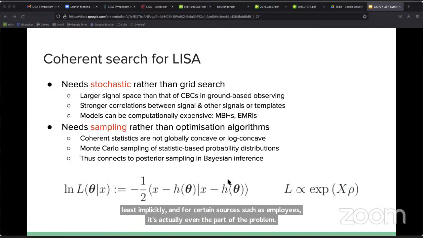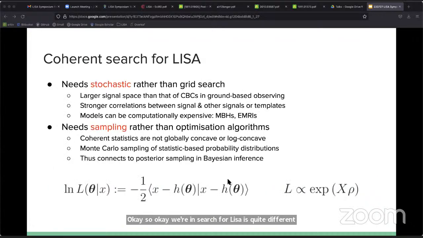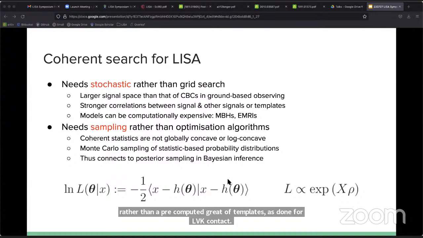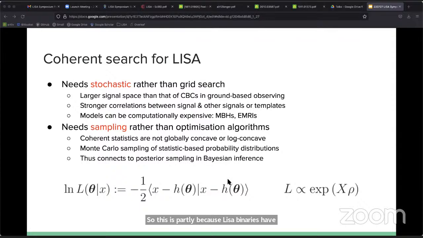Okay, so coherent search for LISA is quite different from that in ground-based observing due to the distinctive nature of the LISA data stream. The main difference I'll focus on here is that it's far more natural to use stochastic methods rather than a pre-computed grid of templates as done for LVK compact binary coalescences. This is partly because LISA binaries have more observable cycles in general, and thus they have a larger signal space.